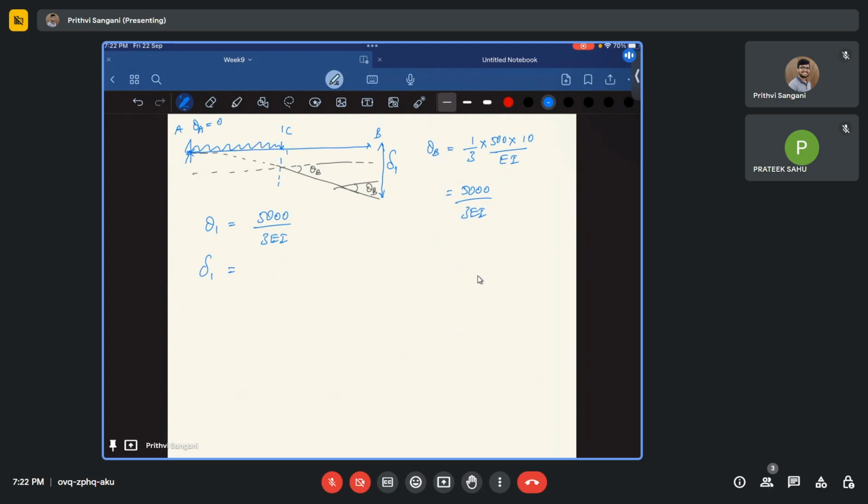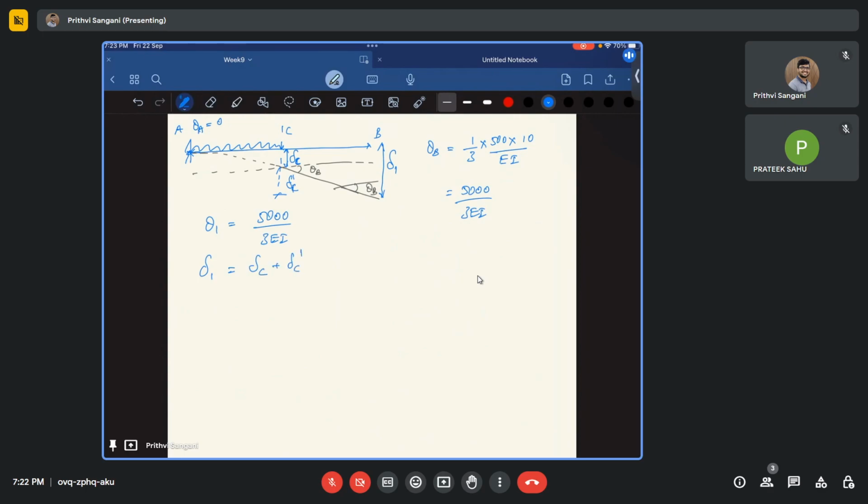Let us call this delta C, and let us call this delta C dash. So delta 1 is nothing but delta C plus delta C dash.